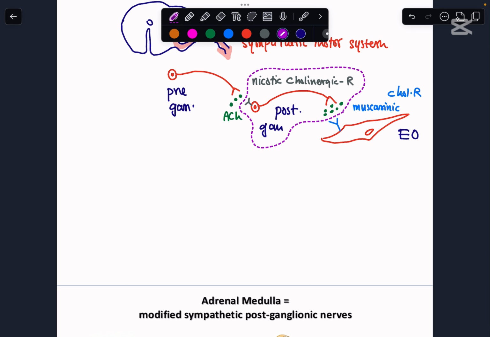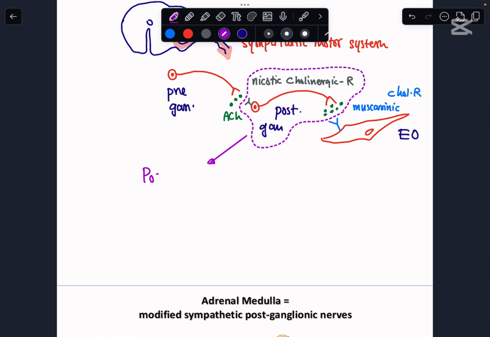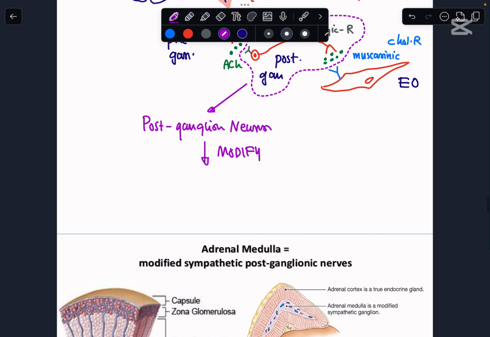If you take this purple section and you modify it, so this is the postganglion nerve or neuron, and you modify that, change it, you get what we call adrenal medulla.